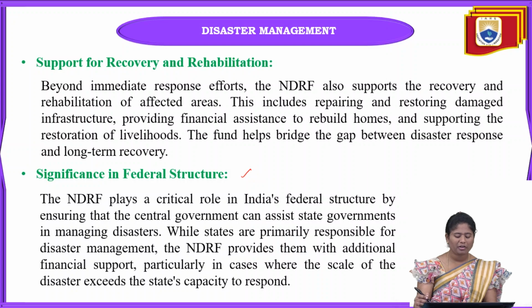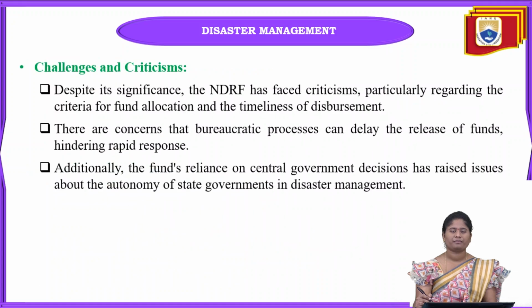It also provides financial support where, in some cases, the scale of the disaster exceeds the state's capacity to respond. When state funds fall short compared with central funds, the NDRF has to give funds to the state government also.